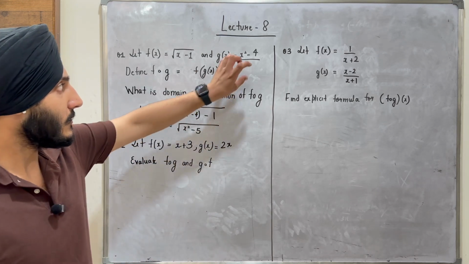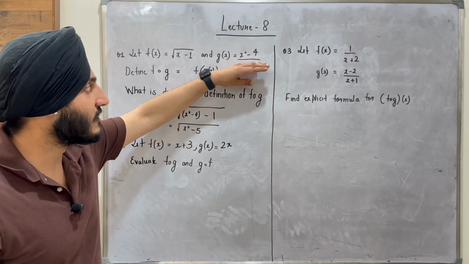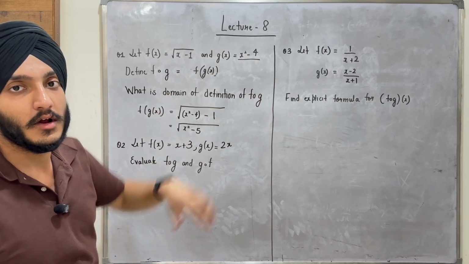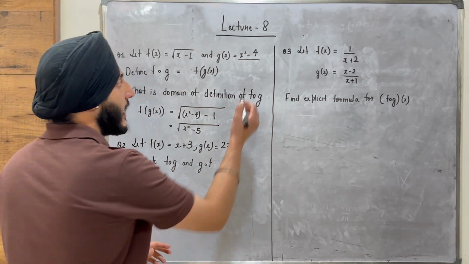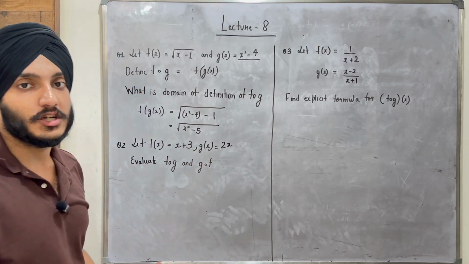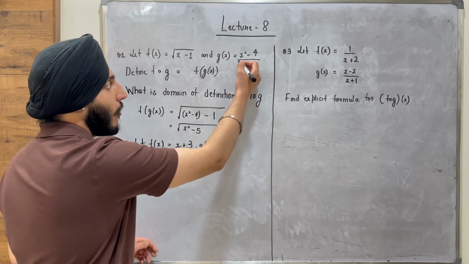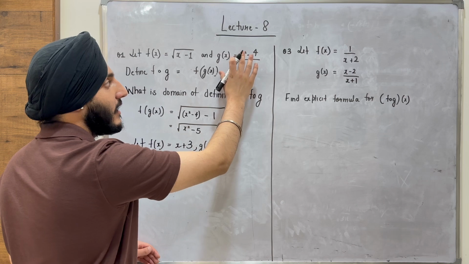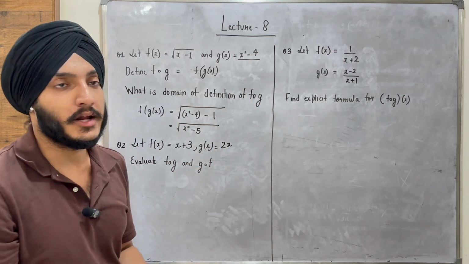But let's talk about this over here. Do you think there's any restriction on any numbers that I cannot input into this function? Is there any number that I input into this x that makes it undefined, right? There's no such element, right? I can input all the real numbers into this x in the function g of x, and I can get a valid value.